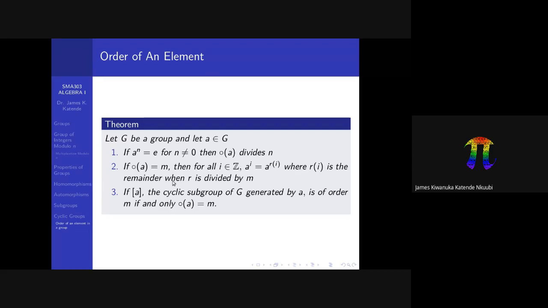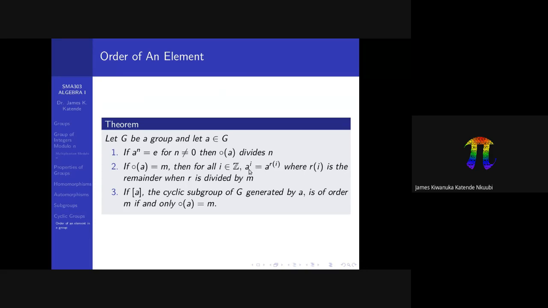Okay, so this is what we want to show. So once you know the order of an element in a group, then you can easily compute any power of that element.